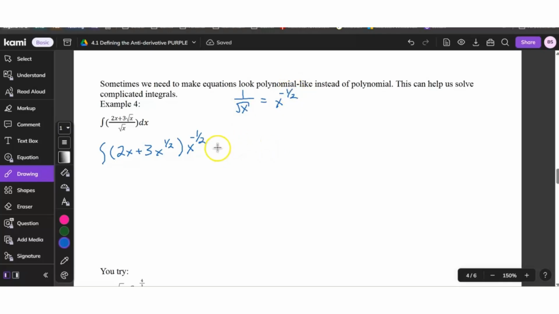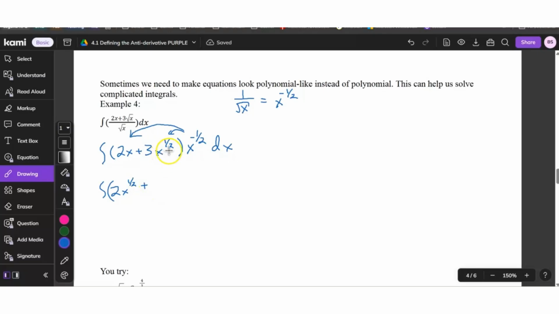The reason I did that is because now, just like in the last one where we had to do some FOIL or distribution, I'm going to do that here as well. So what is 2x times x to the negative 1/2? What do I do with the exponents when I multiply the base of x? I add them. So 1 plus negative 1/2, or 1 minus 1/2, is just 1/2.